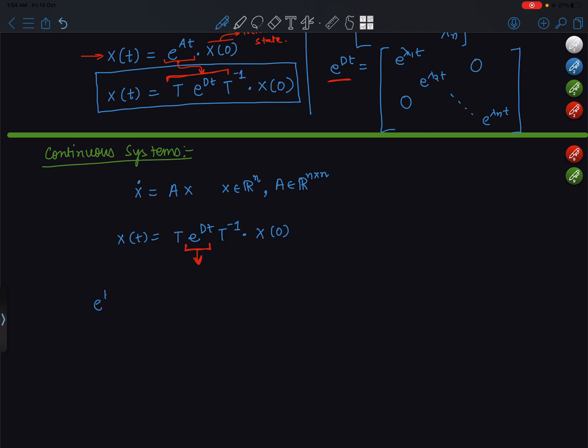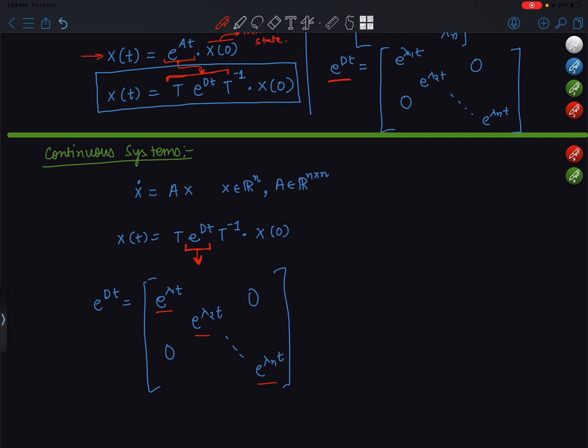Now e to the power Dt, as we saw previously, can be written as a diagonal matrix with entries e to the power lambda 1 t, e to the power lambda 2 t, up to e to the power lambda n t. It's easy to see that if any of these diagonal terms goes unbounded or goes to infinity, then the system becomes unstable.